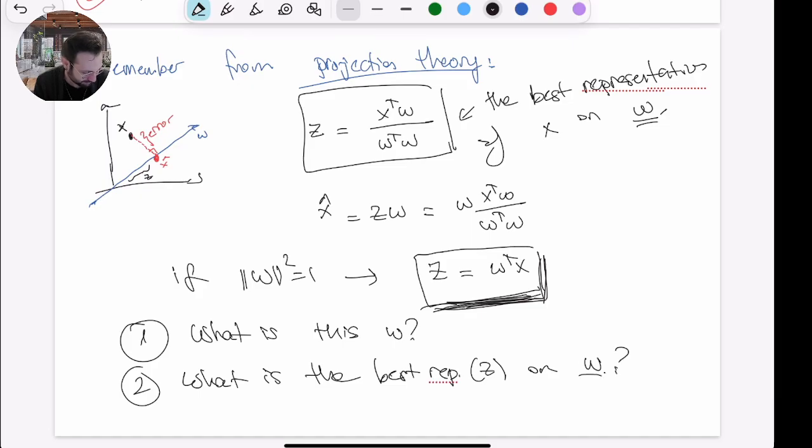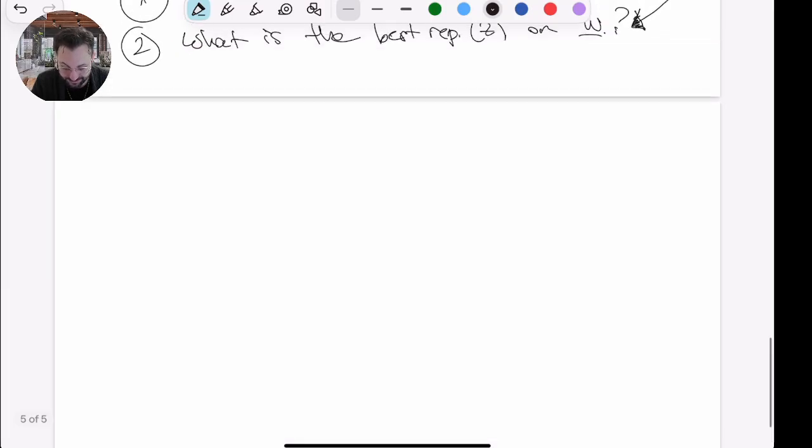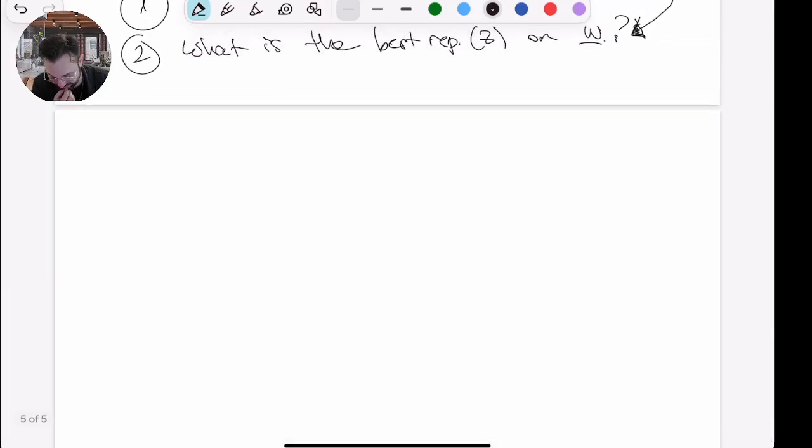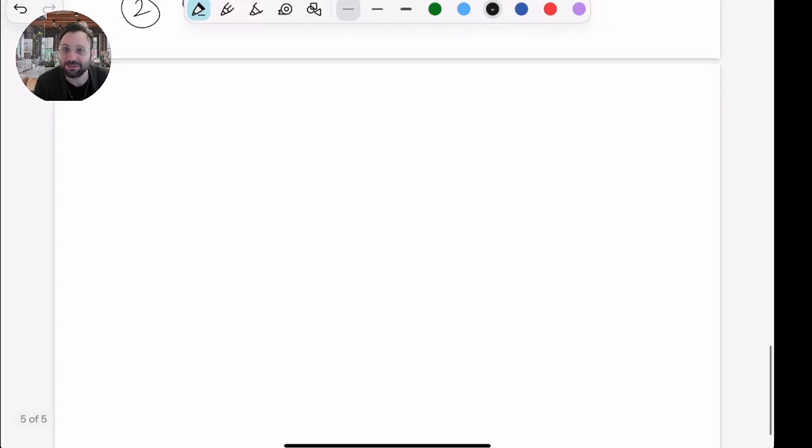So the projection theory answers number 2, but I still don't know what w is. So right now I would like to find a w that's going to give me the best representation, actually the set of w's.